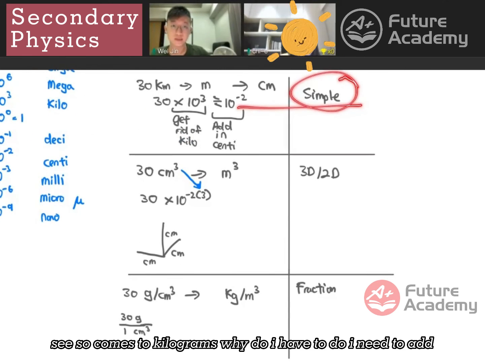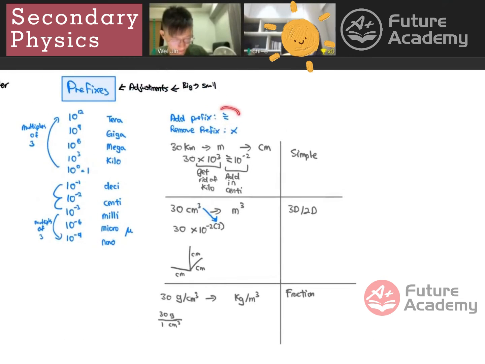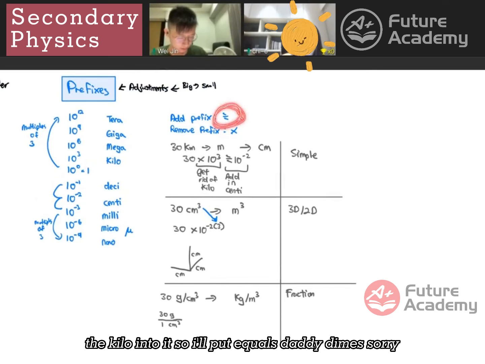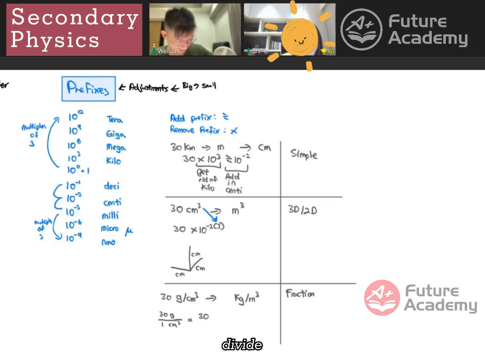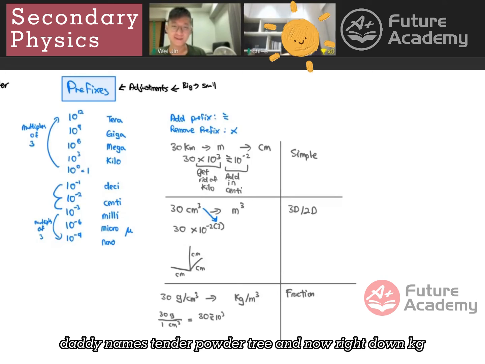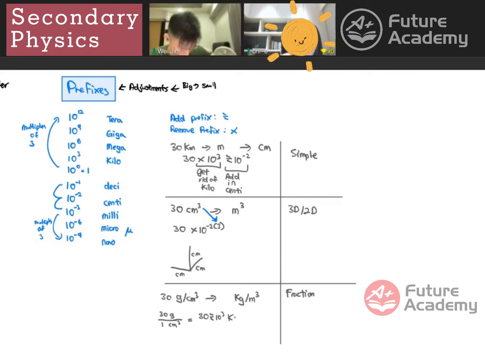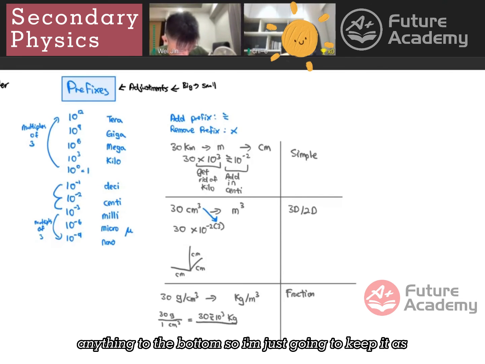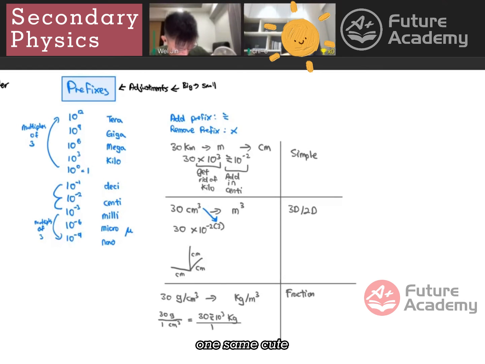So grams to kilograms, what do I have to do? I need to add the kilo into it, so I divide. So I'll put equals 30 divided by 10 to the power 3, and then I'll write down kg. I have not done anything to the bottom, so I'm just going to keep it as 1 cm cube.